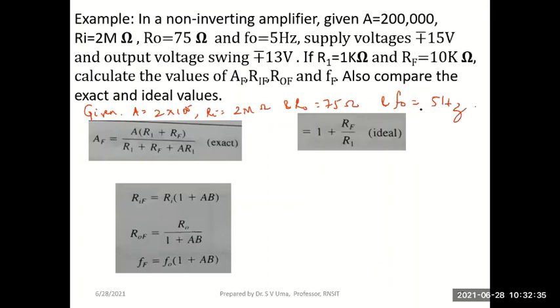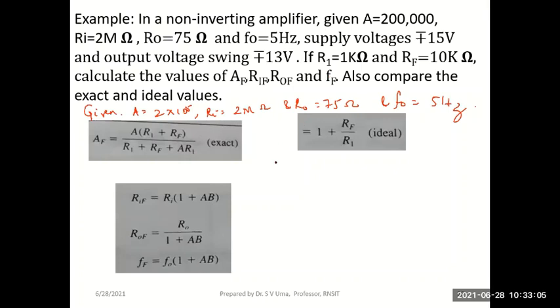So this is the initial bandwidth, which is 5 hertz. The supply voltages are given from plus or minus 15, and output voltage swing is only plus or minus 13. So even if we are giving 15 volts, the device saturates at plus or minus 13. The devices inside the op-amp will saturate at this value. It'll reach hardly 80% of the peak.